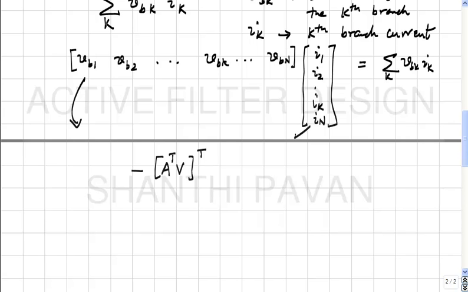And what is this guy? This guy is nothing but I. Which is nothing but minus V transpose AI. And what is AI? 0. Which means that this must be equal to 0. Does it make sense?